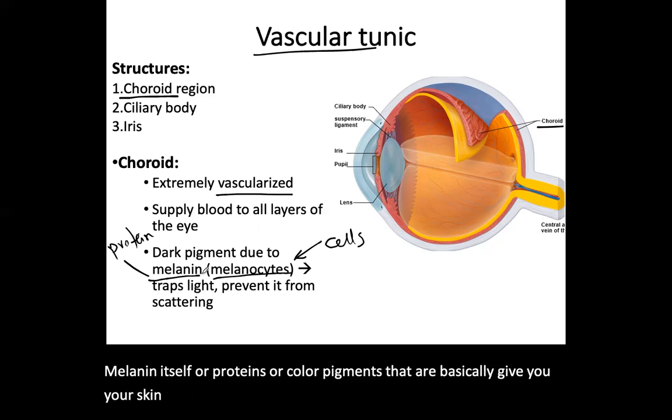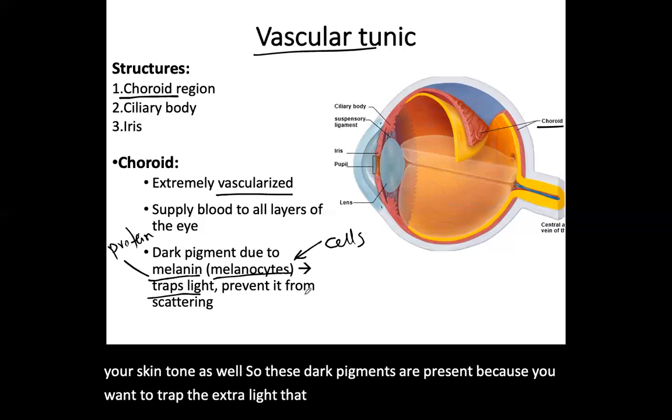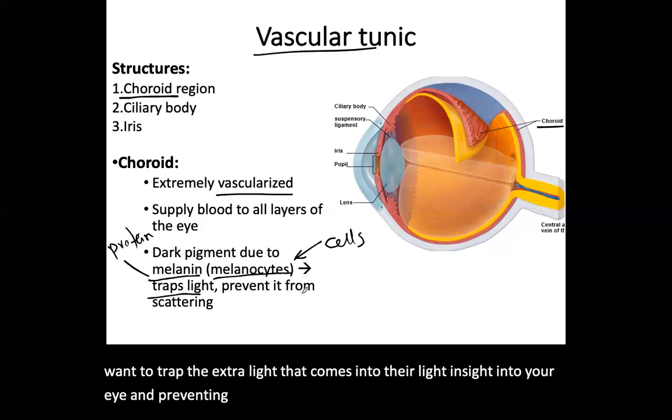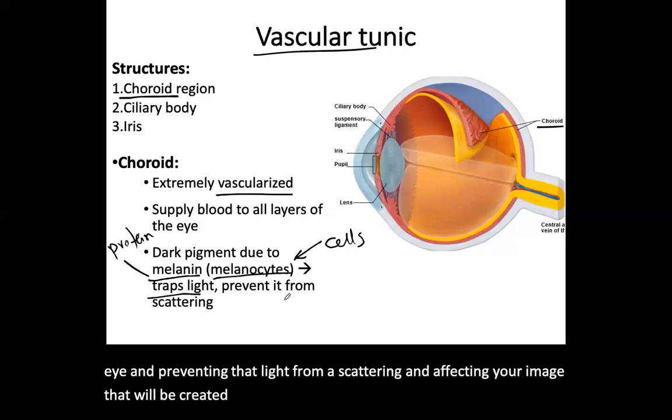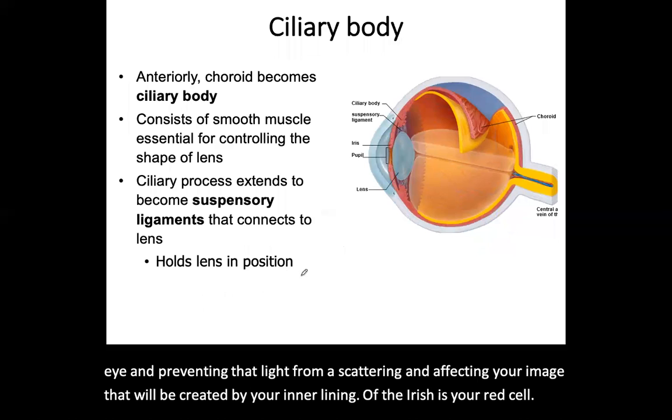These dark pigments are present to trap the extra light that comes into your eye, preventing that light from scattering and affecting the image created by your inner lining of the eye, which is your retina.